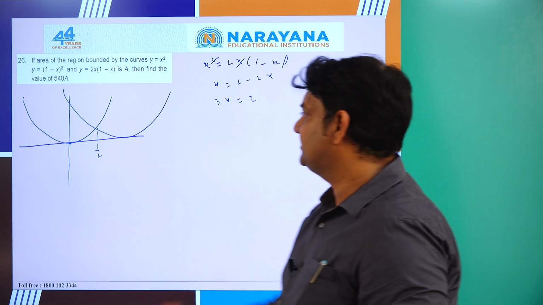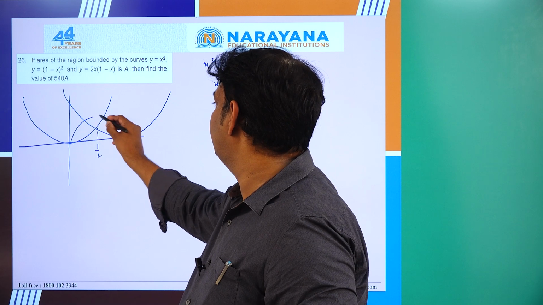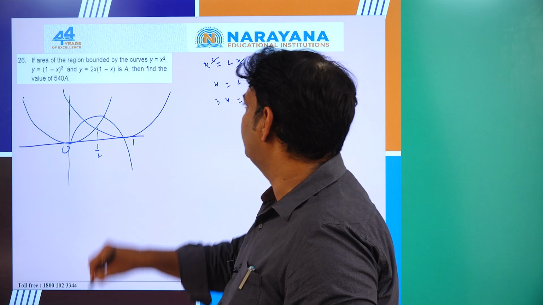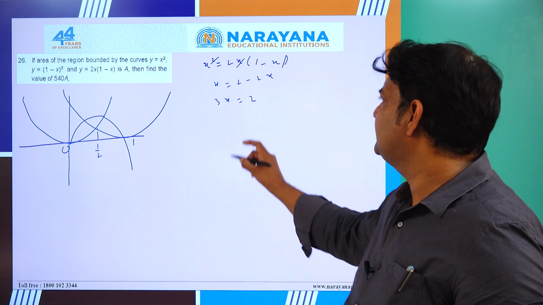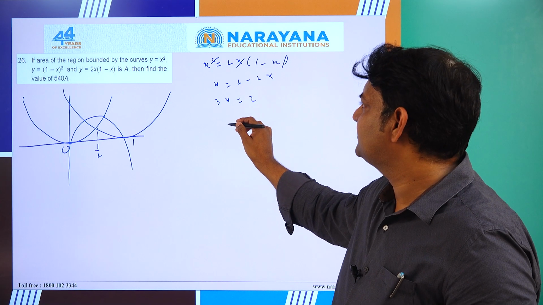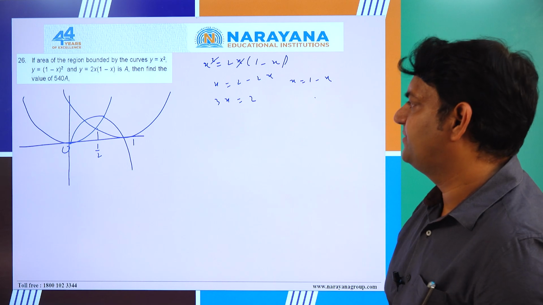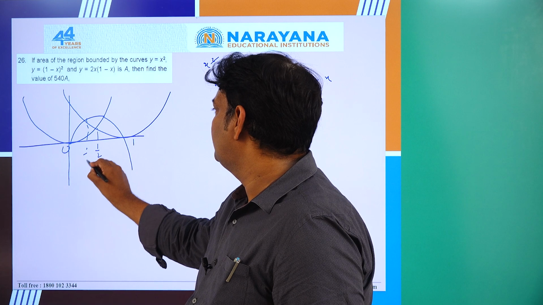So the intersection point is 2/3. Then here it will be 1/3. See that (0, 1). x square = (1 - x) square intersection, x = 1/2, right. So this point is nothing but your 1/3.